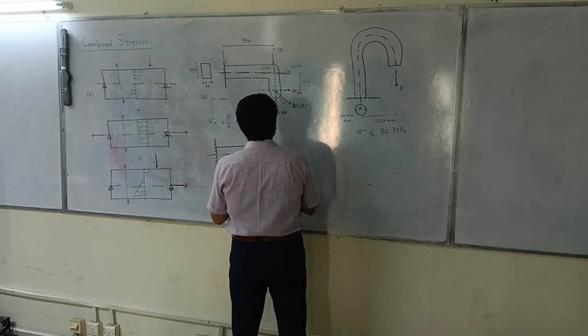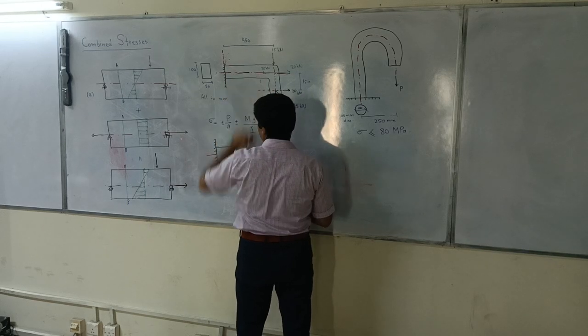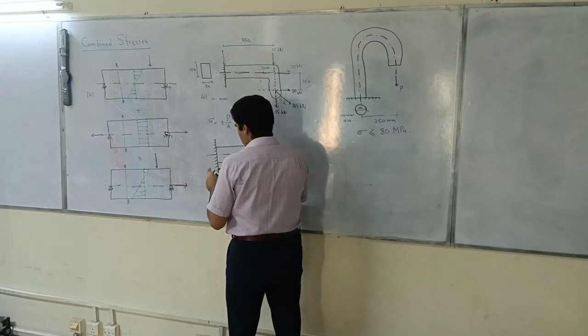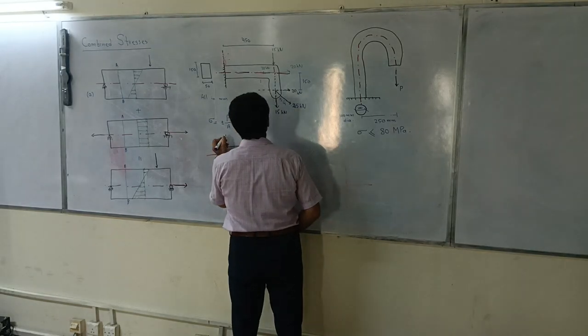I would have 15 times 450. What is 15 times 450? 6750.